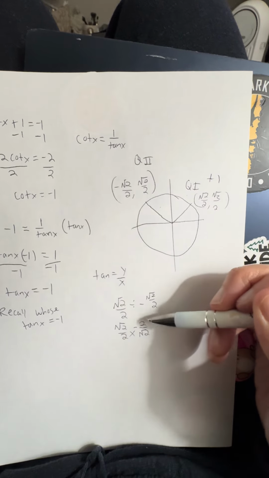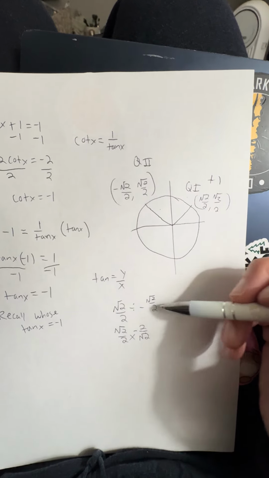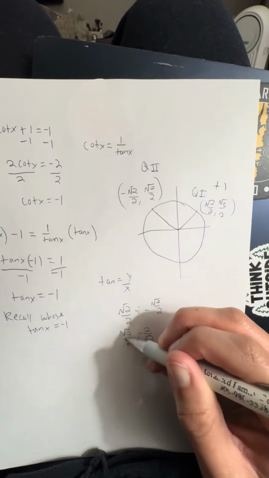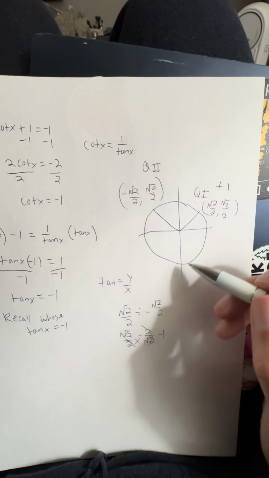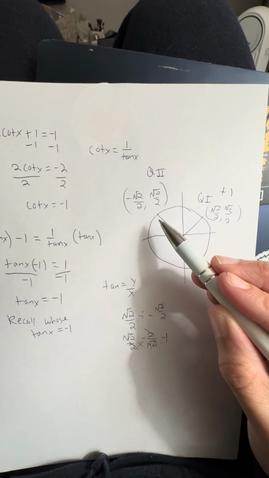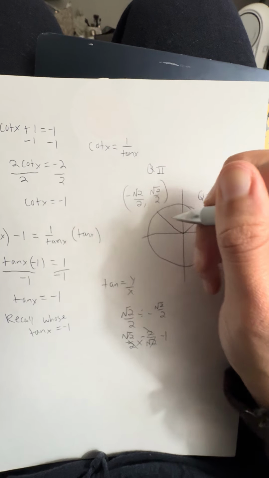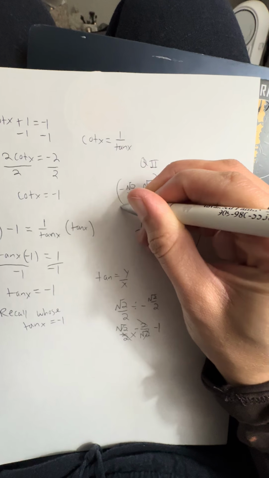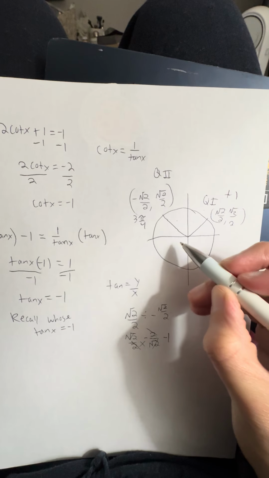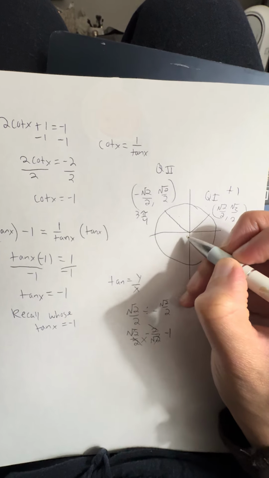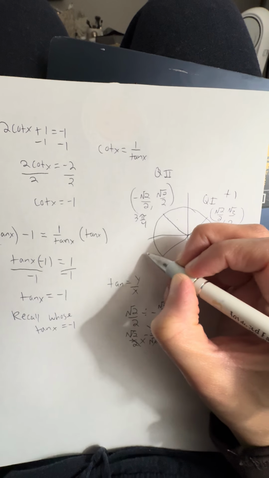So I just performed what I call the reflipical. Guess what happens? All these cancel out and you're left with -1. Okay, so that would correspond to 3 pi over 4.